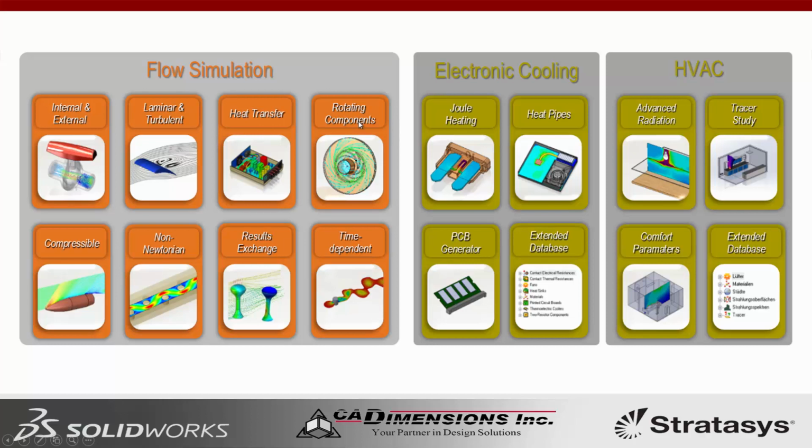SolidWorks Flow Simulation also has the capabilities to run laminar and turbulent flows, heat transfer, compressible and non-Newtonian types of fluids as well, say blood, results exchange, and of course transient analysis. There are also add-ons, electronic cooling, and HVAC add-ons. So if you're in this industry, you might be interested in this as well.